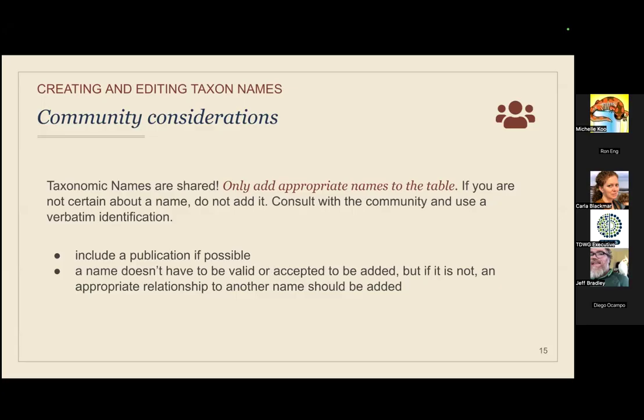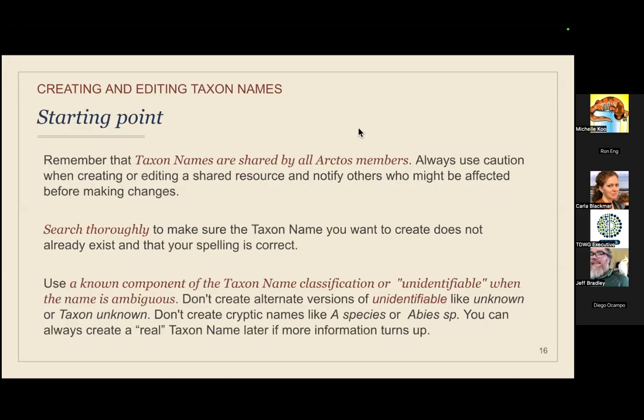And if it is an invalid name or a misspelling that's maybe been used in publications, then adding an appropriate relationship to the valid name is really important. So, if you're going to start creating names, just remember they're shared by everybody, so always use caution when you're creating or editing any of these shared resources.